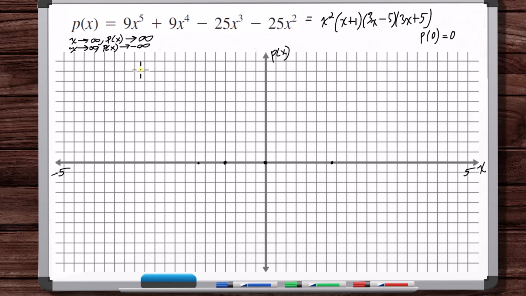We know the general shape of the graph, because we can say as x goes to infinity, the function goes to positive infinity. We cross through here. We're going to be kissing the graph here, a touch point. So we'll be coming down, and have to come back up.